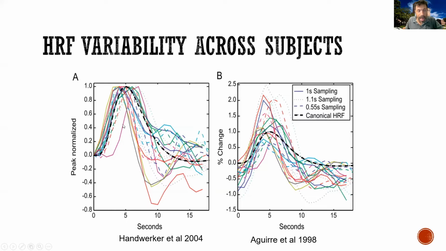It has a much longer lag at the beginning. So even though it has a big amplitude, just because it's different than the shape we expect to see, the participants will be penalized. It will look as if they have a lower response, just because their shape doesn't fit nicely the canonical HRF. And this is Handwerker 2000 and colleagues 2004.